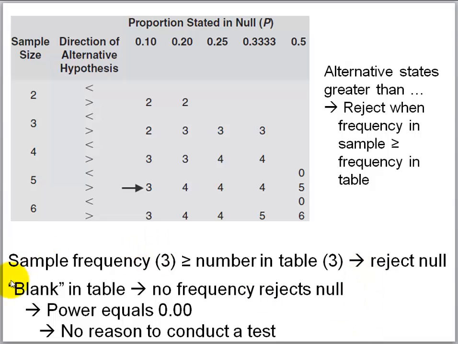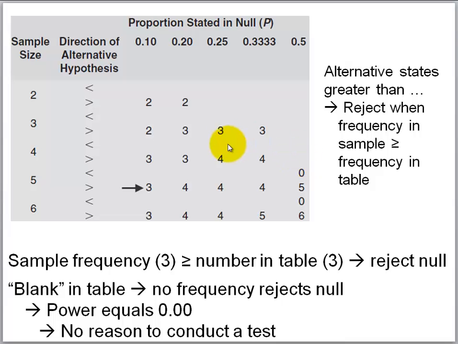Now let's talk a little bit about statistical power. I've already mentioned that given that the binomial test is often used with small samples, power is often low. Now note that sometimes there is no number in a given cell in this table. So for instance, when the null states 0.5 and sample size is 4, there's no number here, and similarly there's no number in the greater than row either.